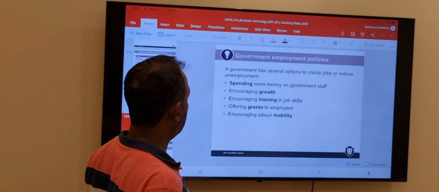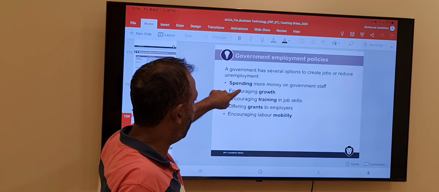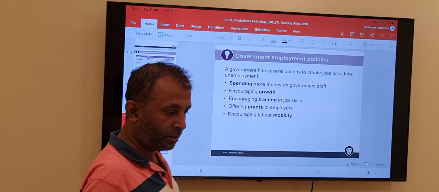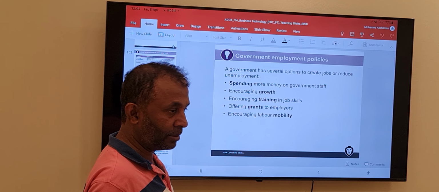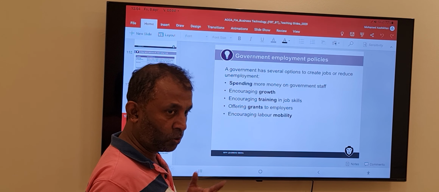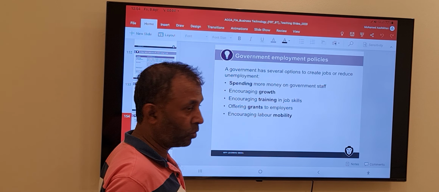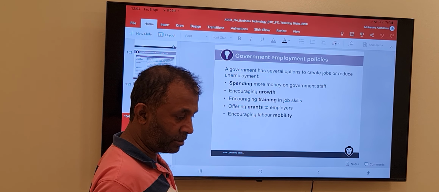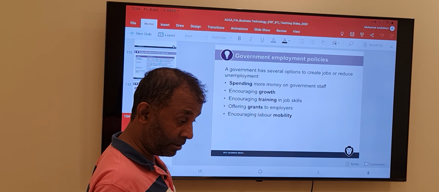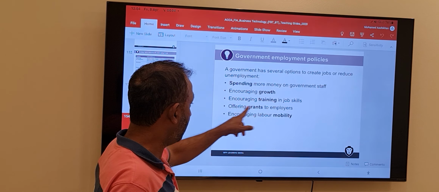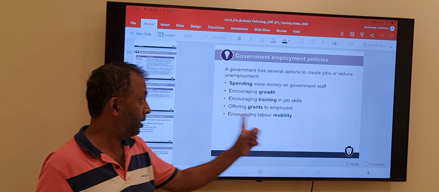Here, government has several options to create jobs or reduce unemployment. Spending more money on government staff, so that the staff is more motivated to work. Encouraging growth in their skills, education, the country's infrastructure, and so on. Encouraging training in job skills.